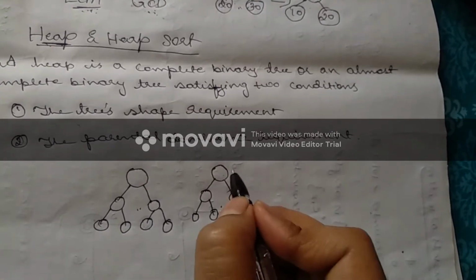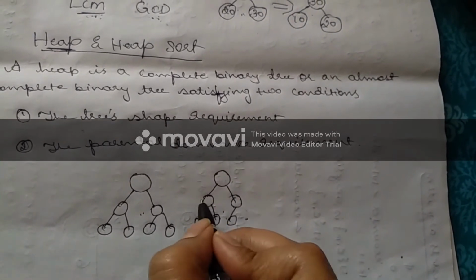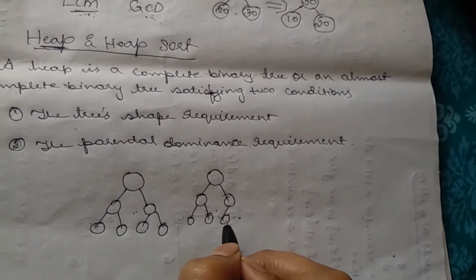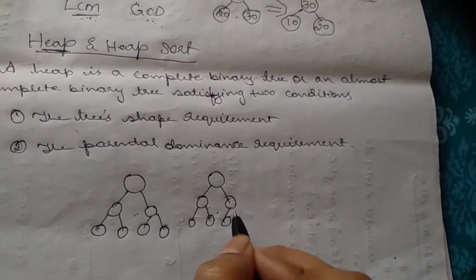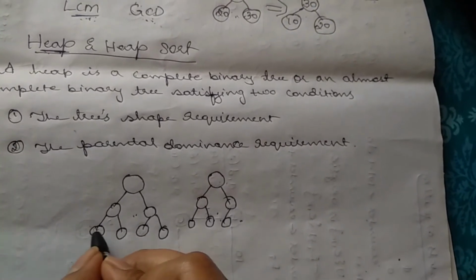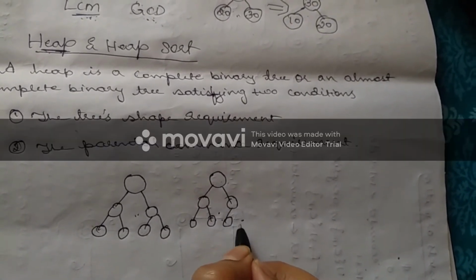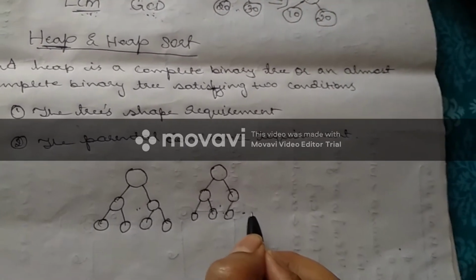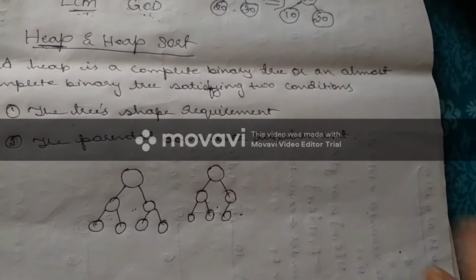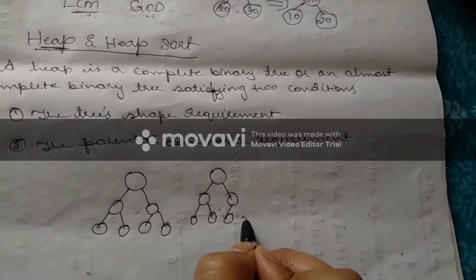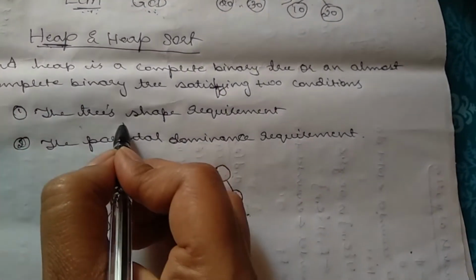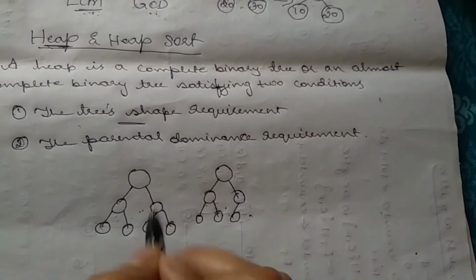See, this is the first level, this is the second level, this is full, and this is the last level, except possibly the last level. Means this may be filled or only one right leaf may be missing. Where only rightmost leaves may be missing. This is the tree shape requirement. This is the first thing, the tree's shape requirement.